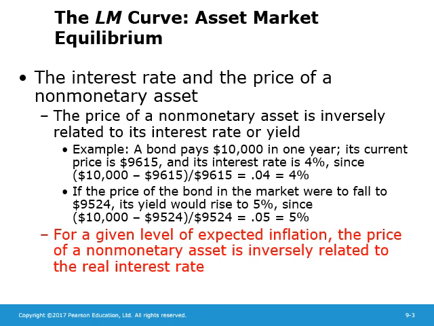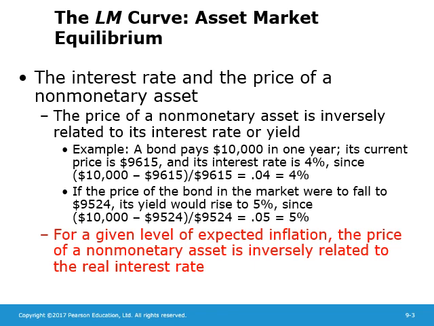So when the bond matures after the year, you will be paid 10,000 while you originally purchased it at 9,615. To calculate the return on this bond, it's 10,000, the price you got at maturity, minus the price of purchasing the bond, over the purchase price, which is 9,615. You calculate it to get 4%.